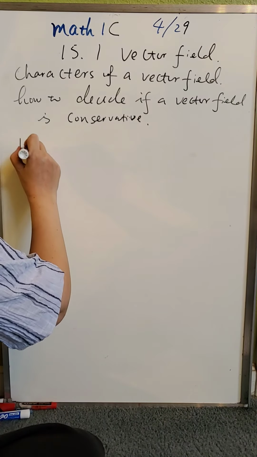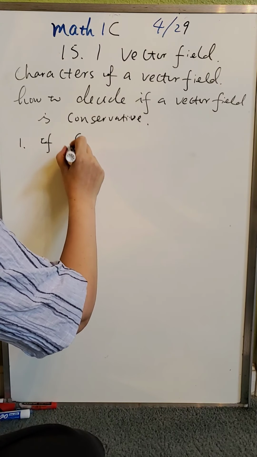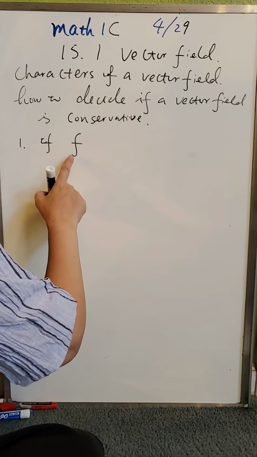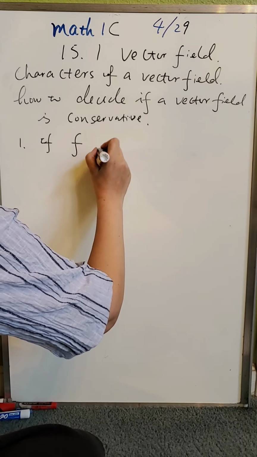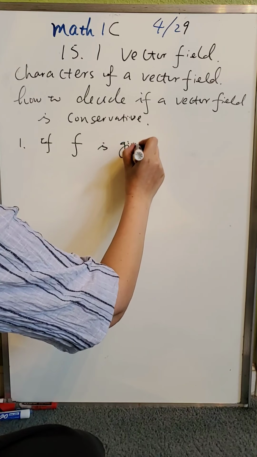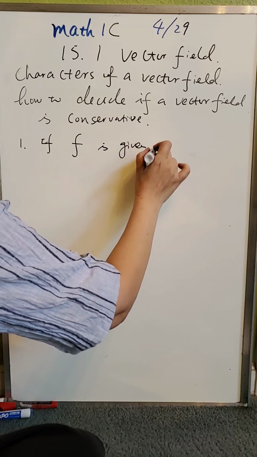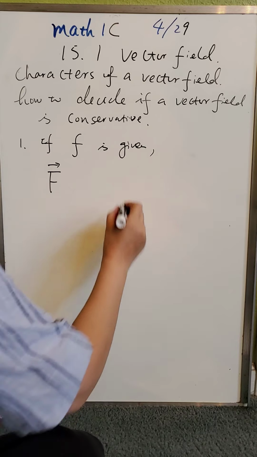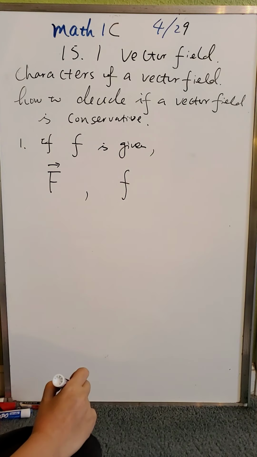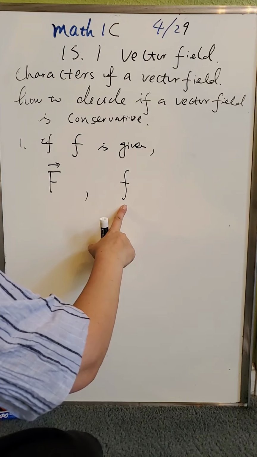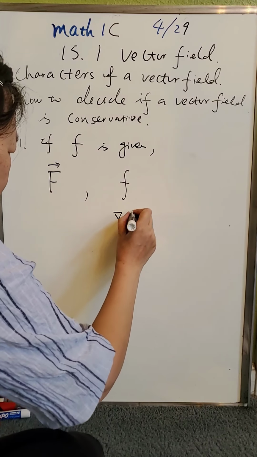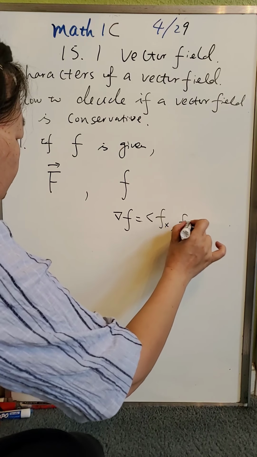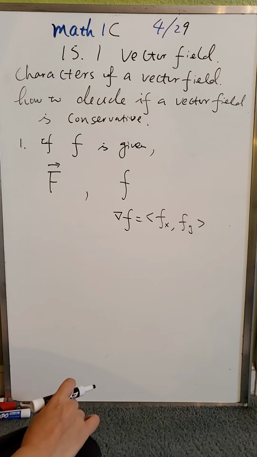The first thing is, if there's a function f, not the vector field function, some type of function, given to you along with the vector field, the first thing you do is find the gradient of the function, which is equal to fx, fy. Find the gradient function.